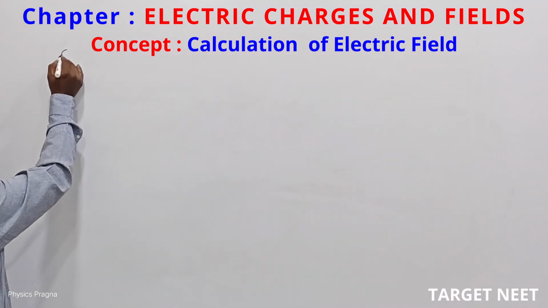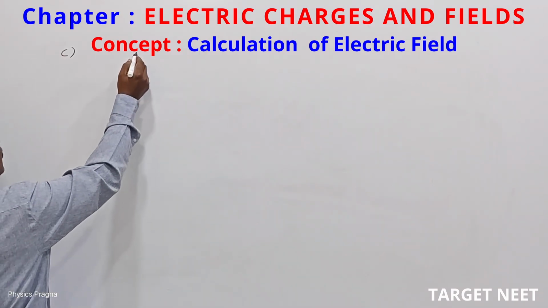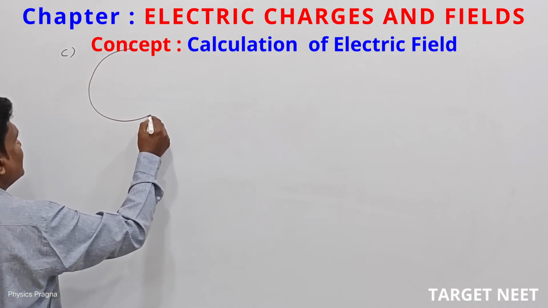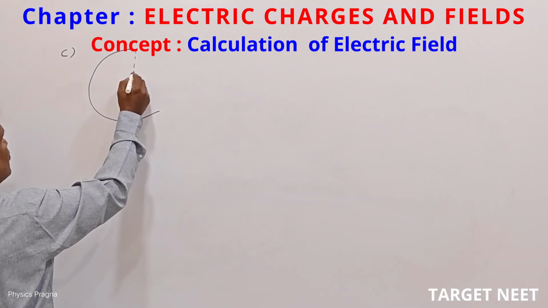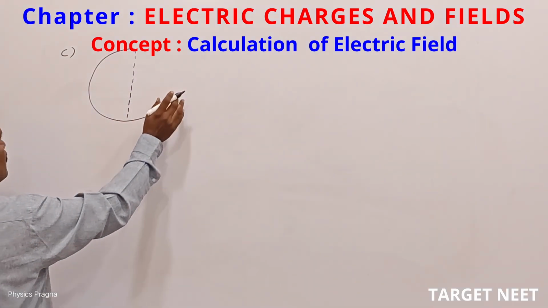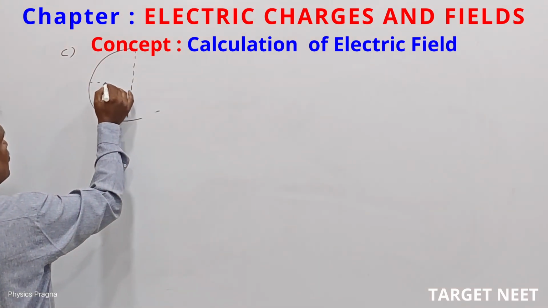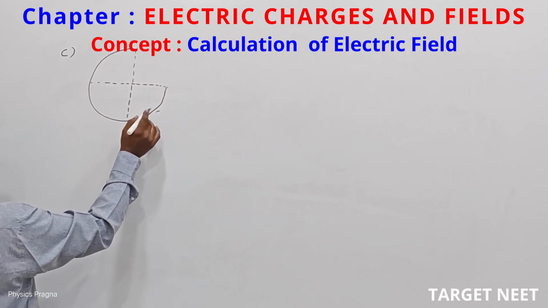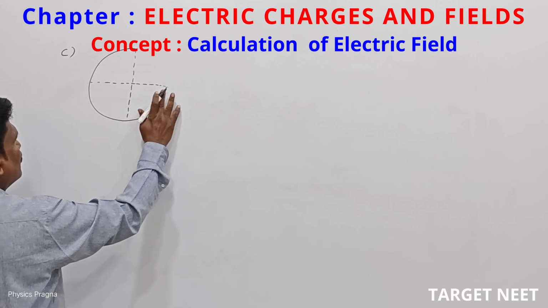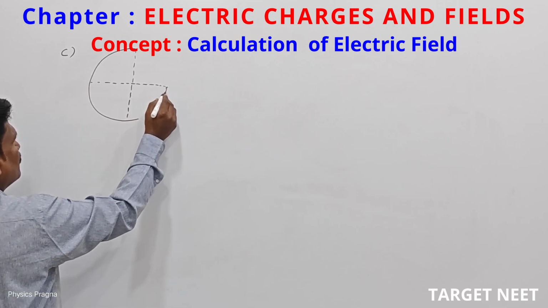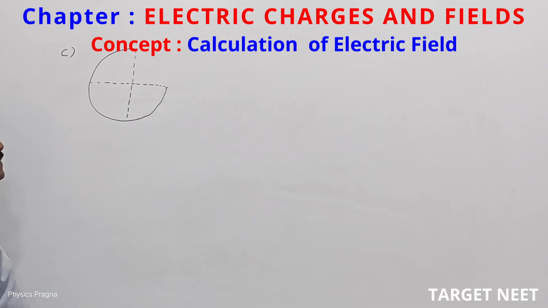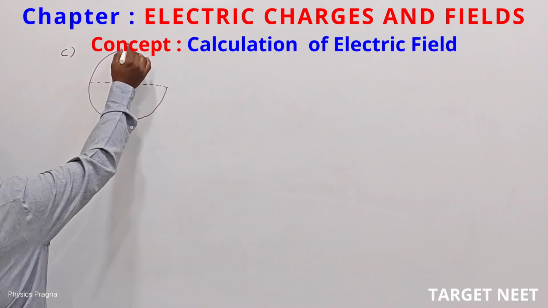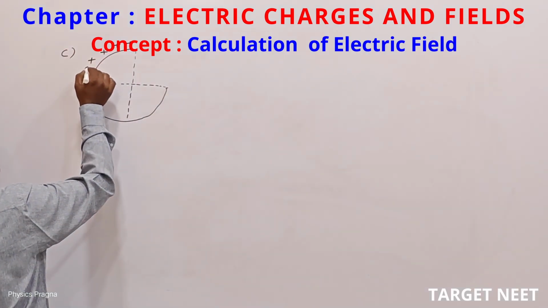Next point. If 3/4 of the circle is there, this is a wire and uniformly charged.